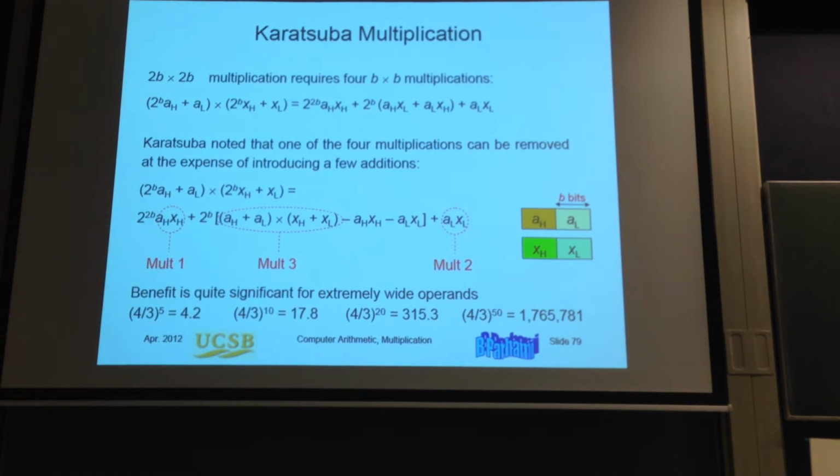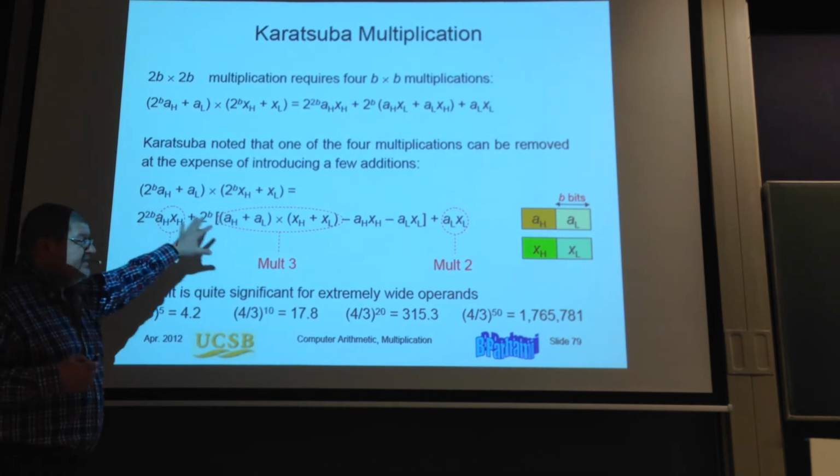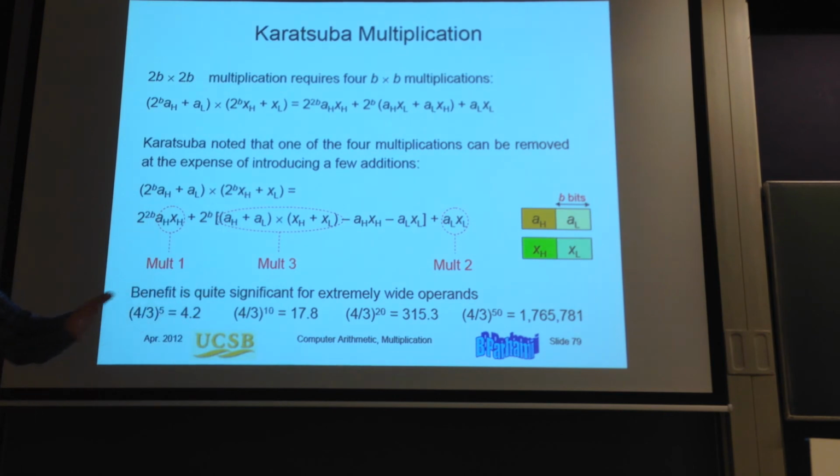This is a trick which is utilized in cryptography, and wherever you have huge operands, then you rely on a library in order to do that kind of multiplication. And if you do Karatsuba's approach, you can win a lot.